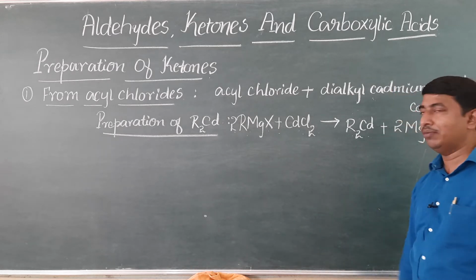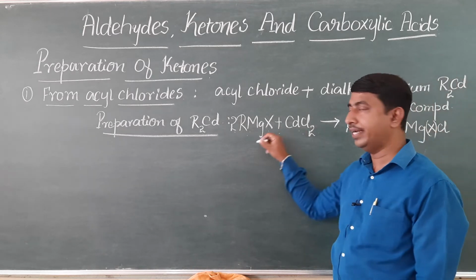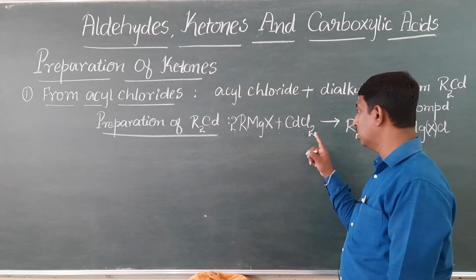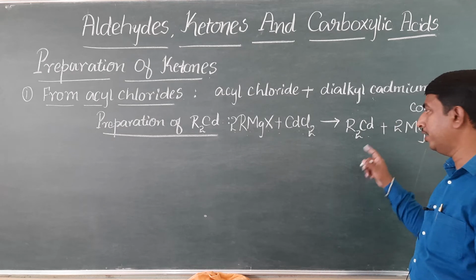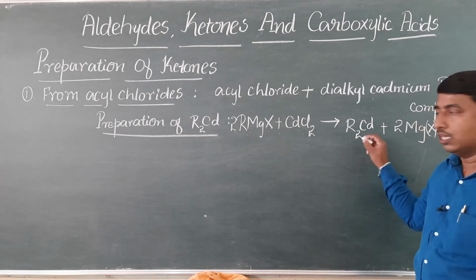So, dialkyl cadmium is prepared by treating Grignard reagent with cadmium chloride. Reaction of Grignard reagent with cadmium chloride produces dialkyl cadmium.